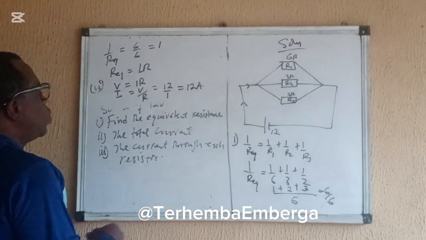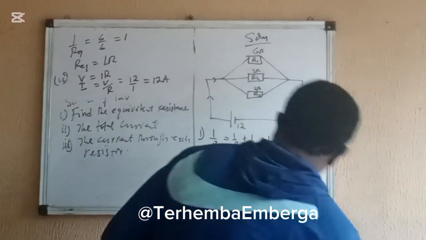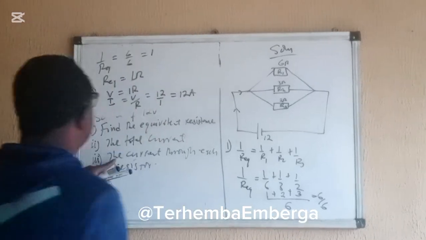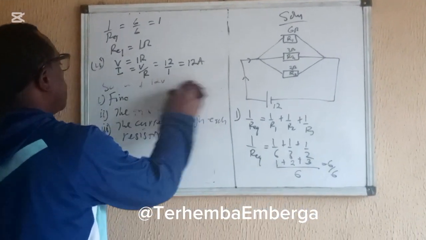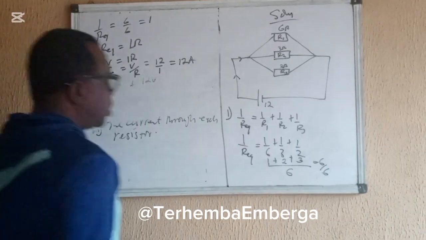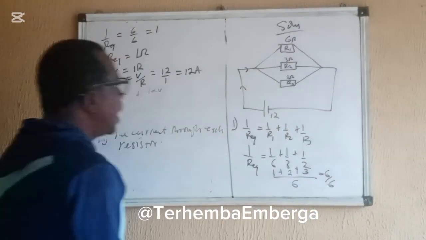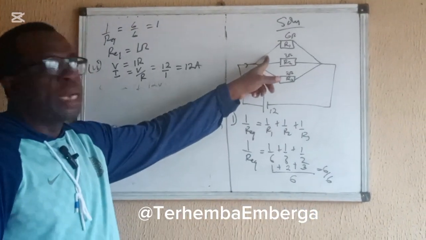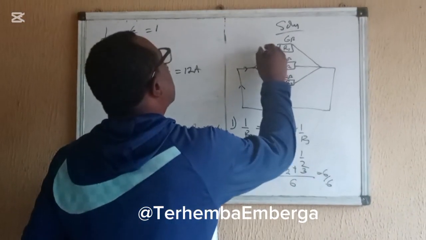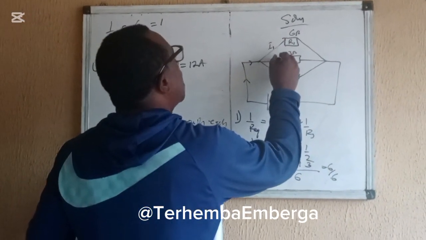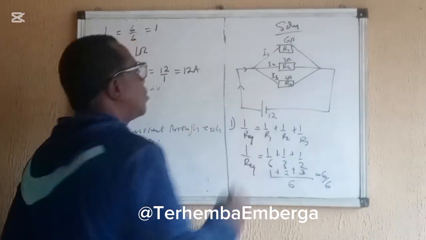So the next thing we'll do is we'll calculate the last question, the current through each resistor. Like I said earlier, if they are connected in parallel, the current through resistor 1 is different. Maybe this is I1, this is I2, this is I3.